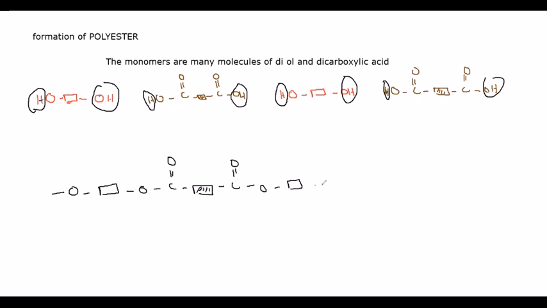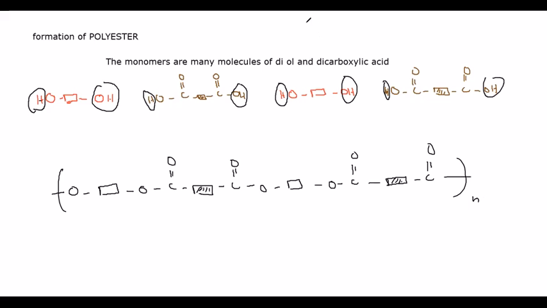Then OH and H being removed, so this will be O, then C double bonded with O. This box was there. Then OH and H being removed, so O will be there, C double bonded with O, then this box, and then C double bonded with O. And put a bracket and n. It means it will continue like this.